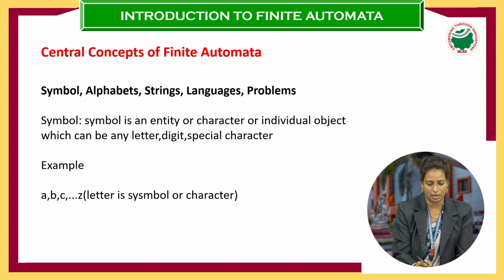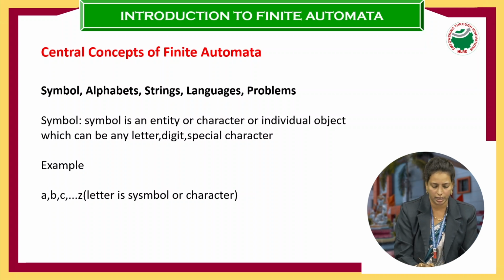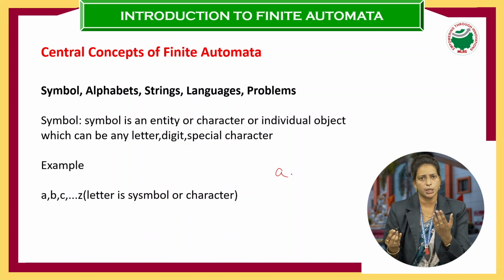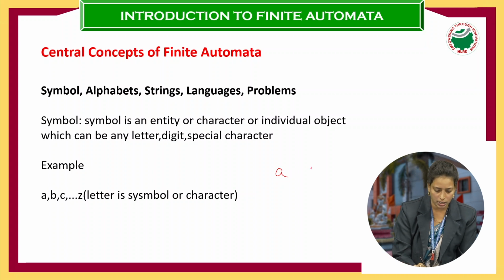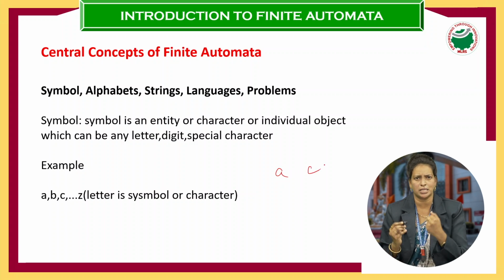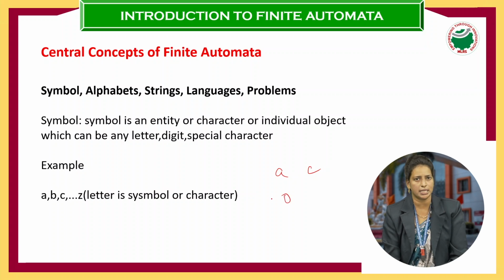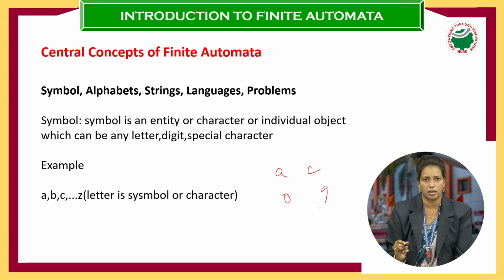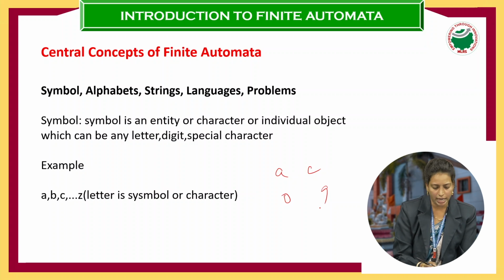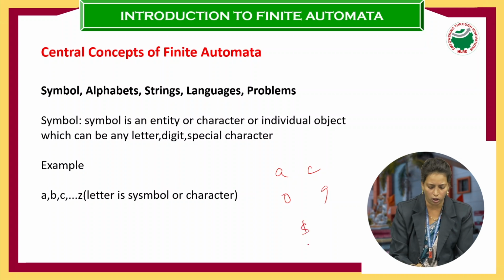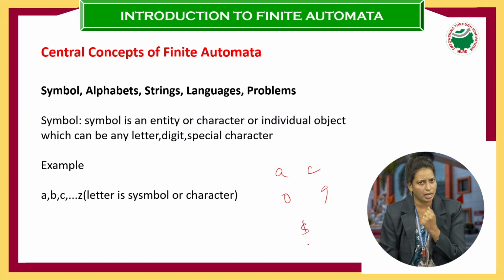For example, let us consider A. A is one symbol, right? C is one symbol. 0 is one symbol. 9 is one symbol. Next, any special character, for example dollar. Dollar is one symbol. A symbol is nothing but any one character.